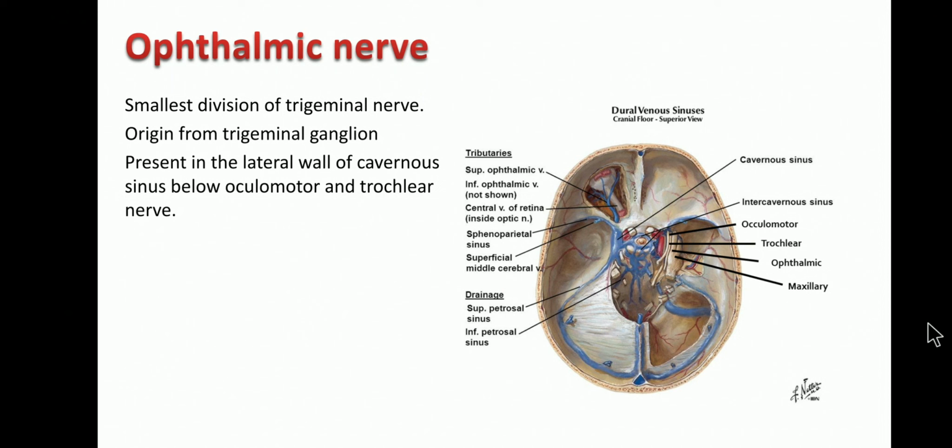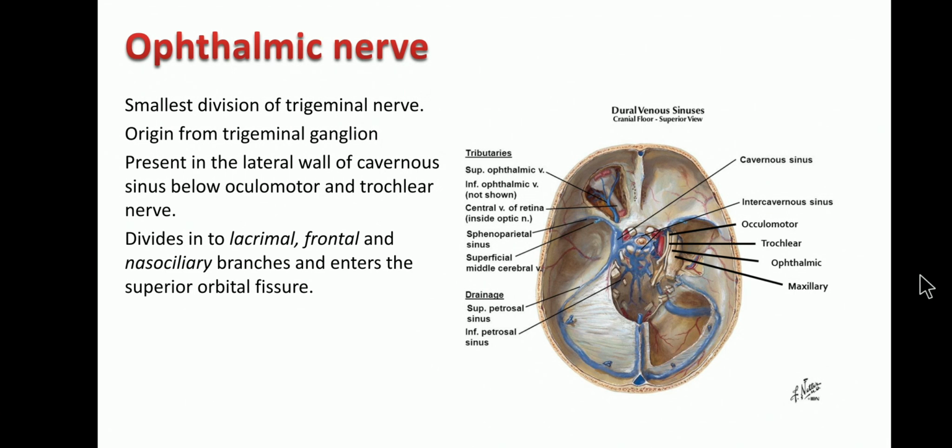The ophthalmic nerve travels in the lateral wall of the cavernous sinus. It is present below the oculomotor and the trochlear nerve. At the anterior part of the lateral wall of the sinus, it divides into lacrimal, frontal, and nasociliary, and then enters the superior orbital fissure.